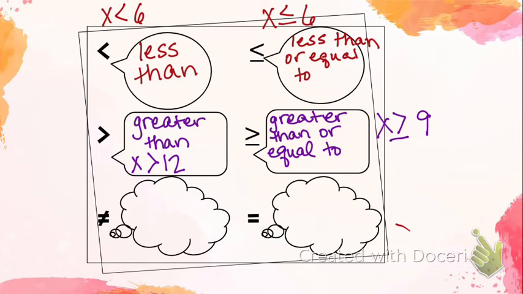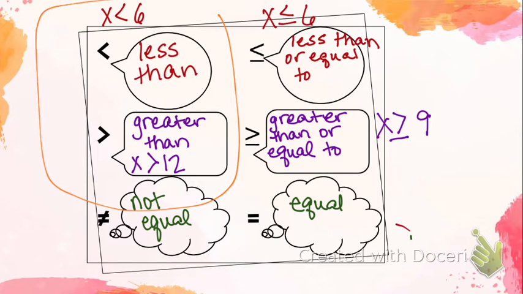Alrighty, and we're going to switch over here to green this time. Now this one means not equal. That means x is not equal to a certain number. And this one means equal. All right. Now, when we work with these over here on the left side, when I work with these, these are a closed circle.